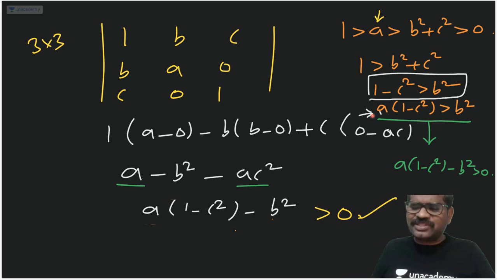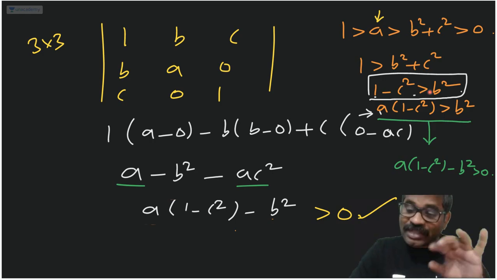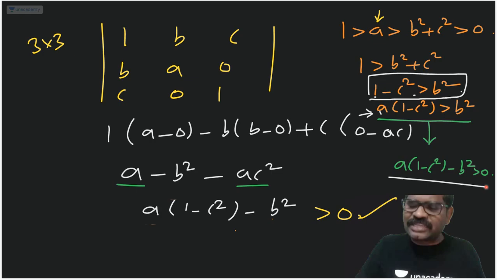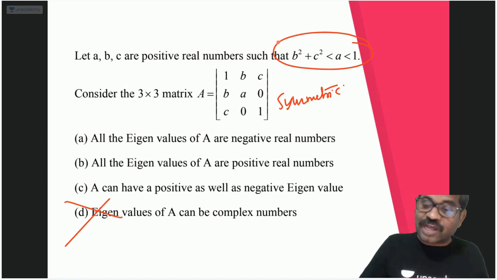Here 1 minus C square is greater than B square. Suppose 3 greater than 2. If you multiply 3 with some positive value, is that product greater than B square or not? Automatically greater than. That's why this result is greater than 0. So all 3 cross 3 leading minors are positive.